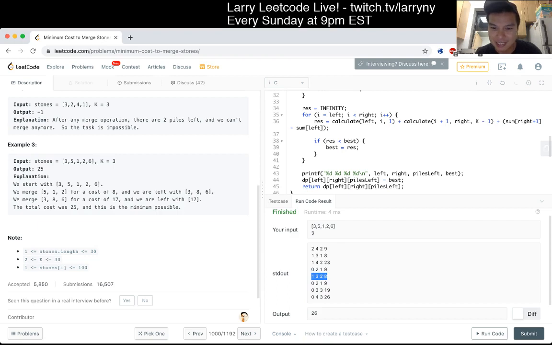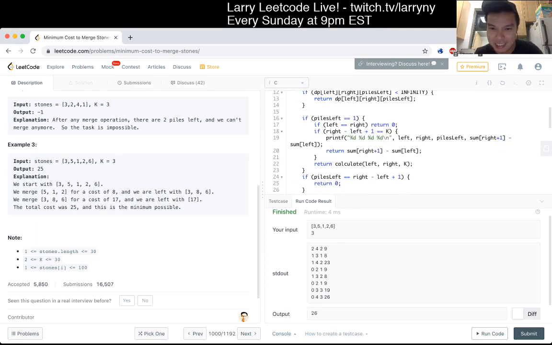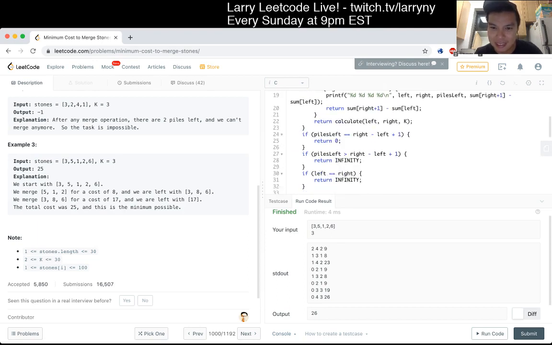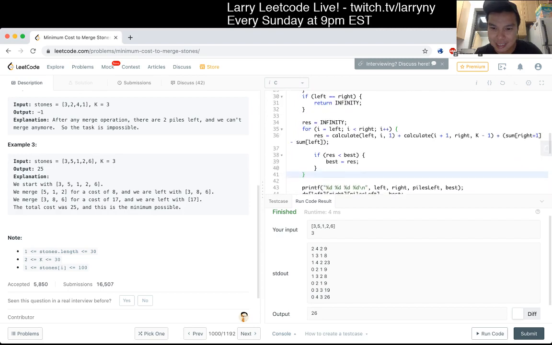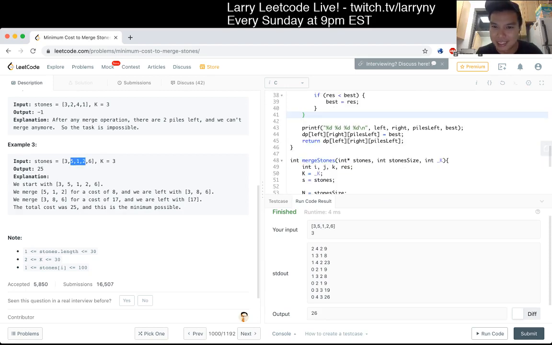Why is 1 to 3 with 2 piles 8, with a base case? That's wrong. Is this off by 1 somewhere? Or maybe it just happens to be also. No. 1 to 3, 2 piles. This should not be 8. Where is this finding this?